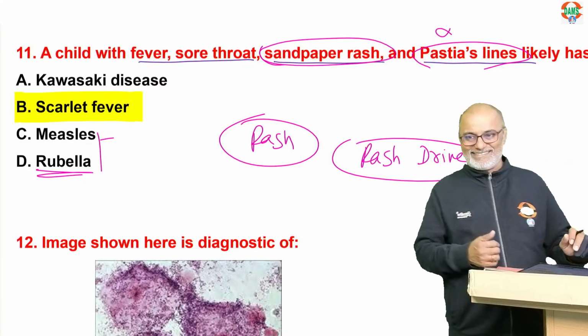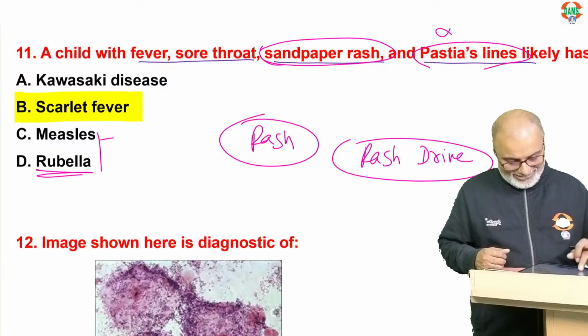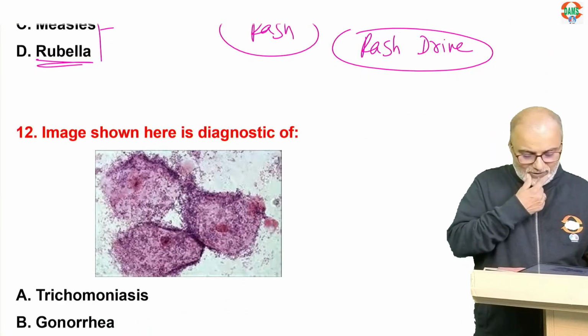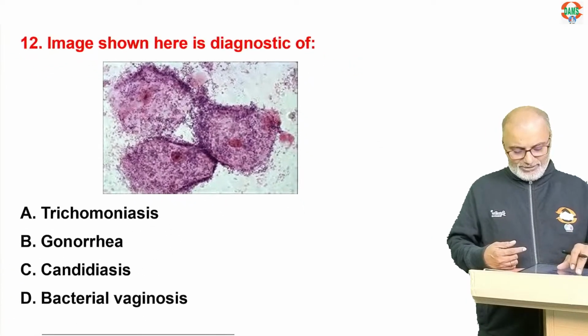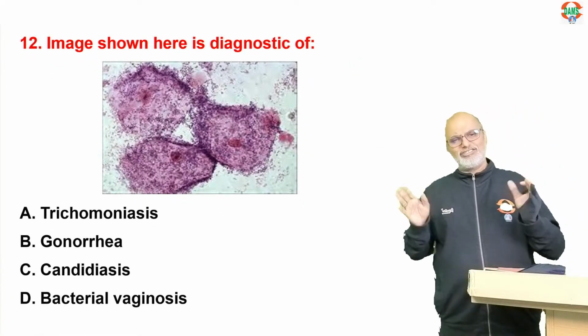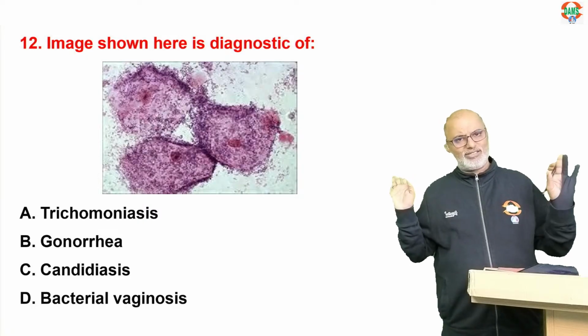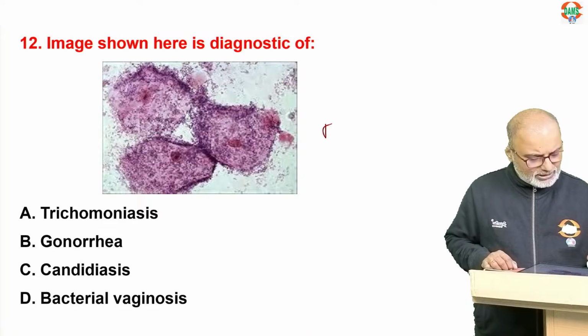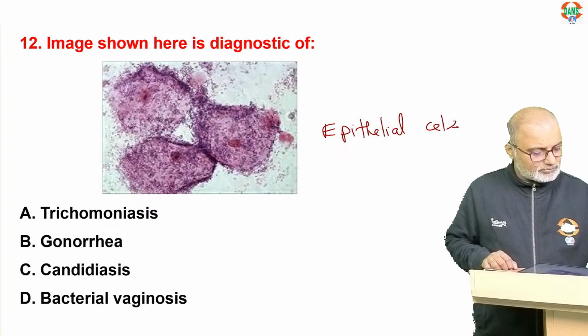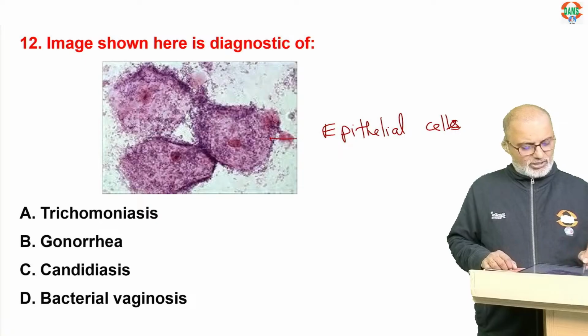Next, the image shown here is diagnostic of. Sometimes they'll give the image without any history, just the image. If you know the image, you can get through. These are all epithelial cells.